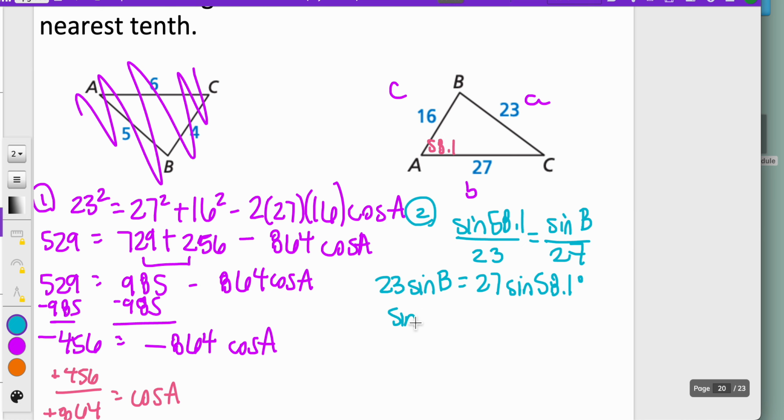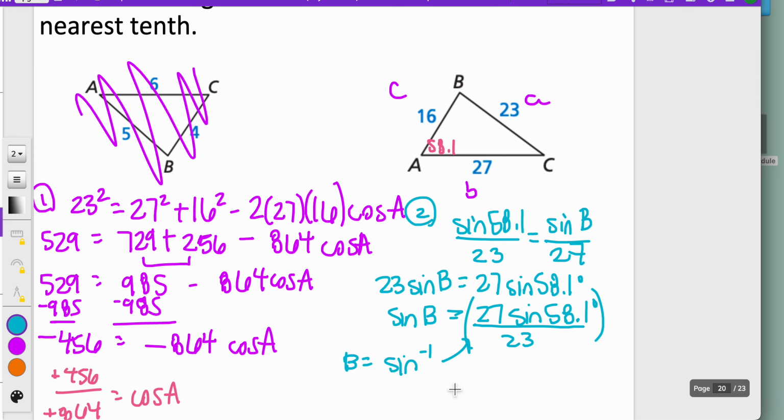Sine of B can be found by taking 27 sine of 58.1 degrees and dividing all that by 23. So B can be found by the inverse sine of this entire expression here. Okay, when you type that in, B is going to be equal to about 85.3.